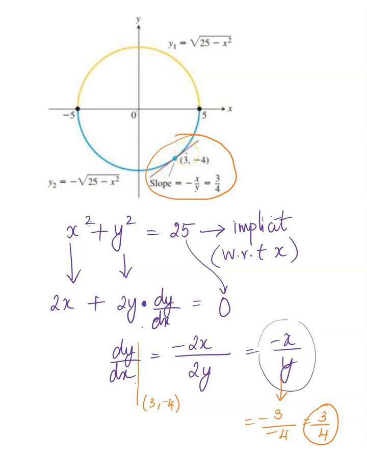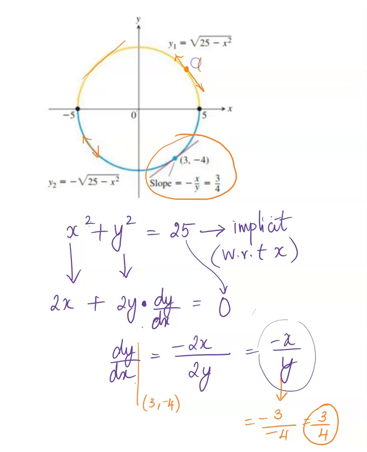And I can fix any point. And what's really neat is that this will work for any point on this circle. So I could choose a point from the first quadrant or the third quadrant, doesn't matter, because I will get a corresponding slope. For instance, if it is the second quadrant, the slope will be positive. But if it was the first or the third quadrant, I'll get a negative slope. And I can prove that point here.